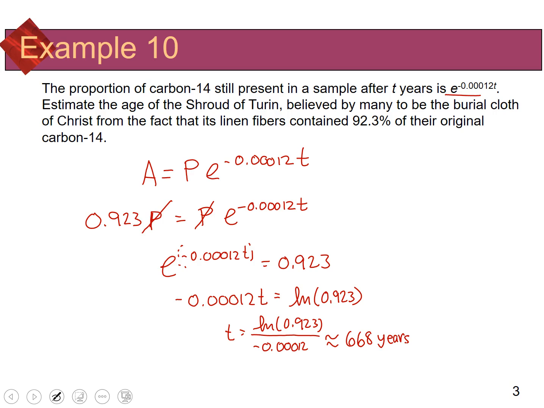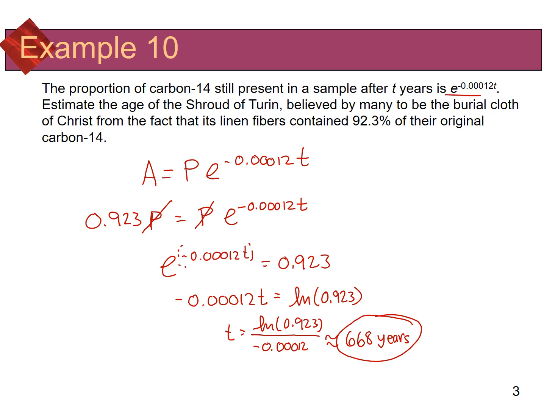And even if you go with his age being 33 years, it'd still be close to about 2,000 years old if this was in fact the burial cloth of Christ. Well, this thing is only 668 years old, so it probably is not the burial cloth of Christ. So whoever made that claim was seriously mistaken. And that's how they can sometimes refute things through scientific evidence.